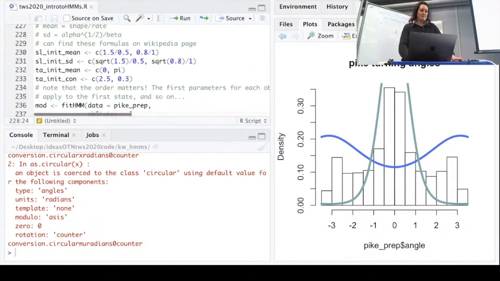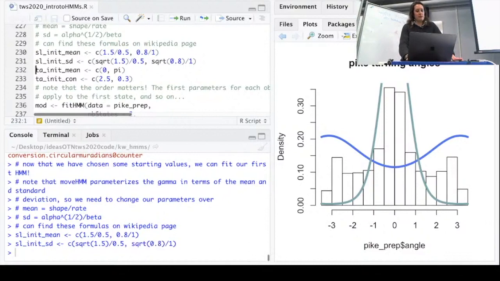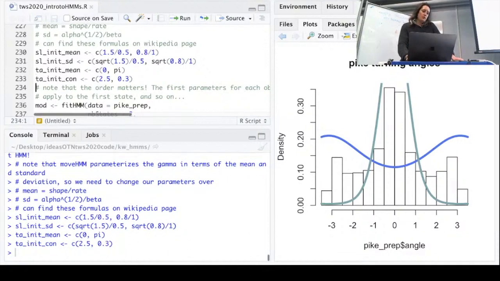Hope that's right. We're rolling with it. So here I'm calculating my initial parameter estimates for the mean of the gamma for the step length, and then these are the standard deviations. Mean and concentration for the turning angles.